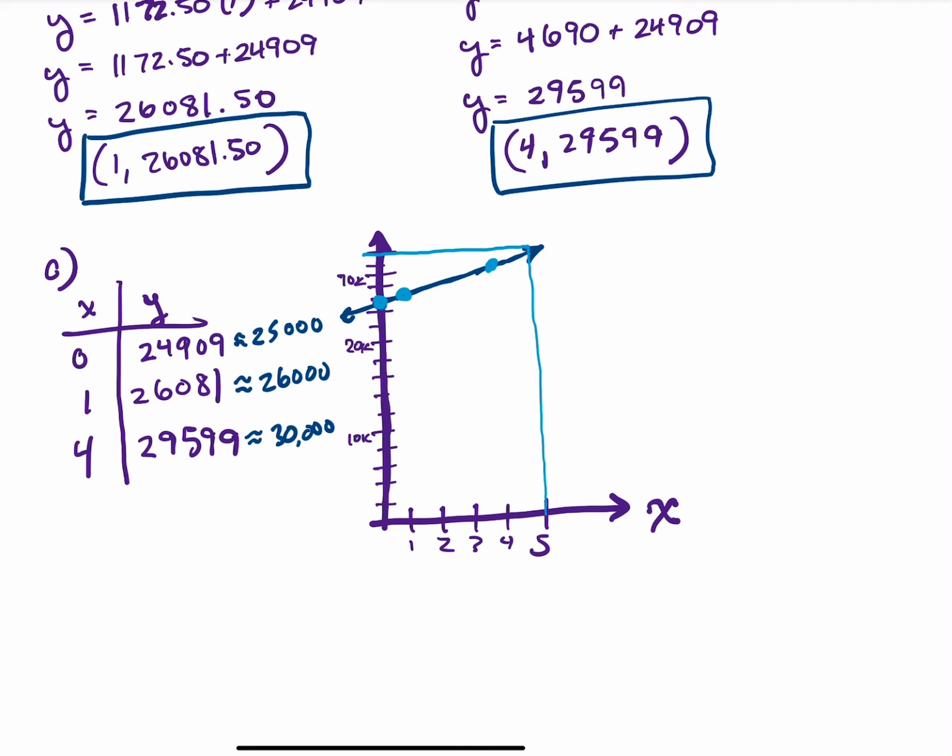Let me make this a little bit better. I want to go straight across. So maybe if this was 30K here, it's a little bit more than 32. Let's just say approximately 32,000. Again, my graph is very rough. My spacing was a little bit off, but we're just getting an approximation.